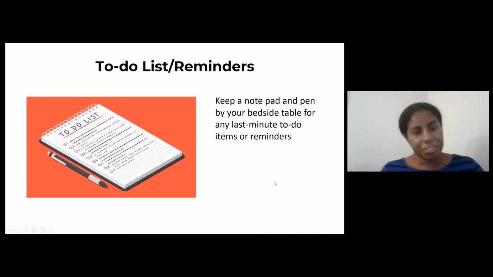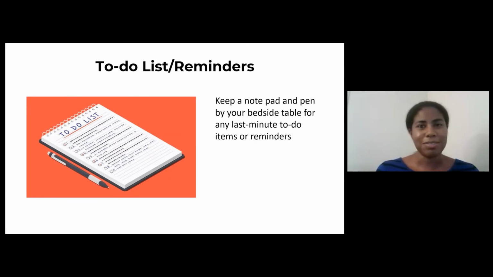So another thing, you've probably heard this guidance as well, but this can be helpful, especially for people who worry: having a to-do list by your nightstand or bedside table, and a pen, to jot down anything last minute, if you're sitting in bed and you think, oh, I forgot to do this, I need to do this in the morning.